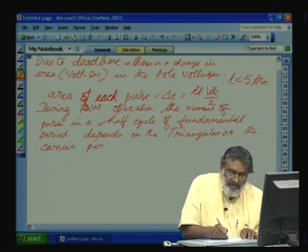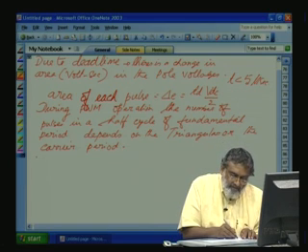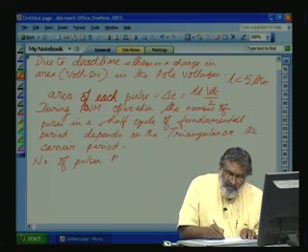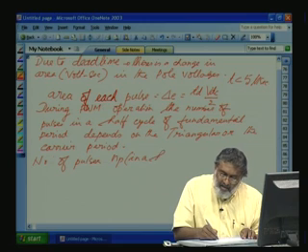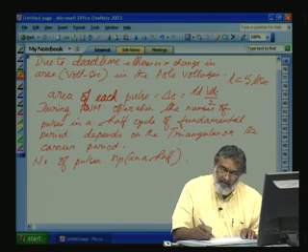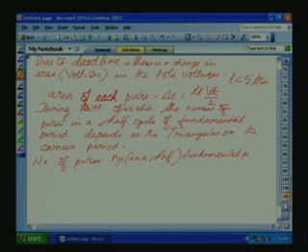That means the number of pulses, let us say NP, in a half fundamental period is equal to, half fundamental period is the modulating wave, so Tm by 2 divided by the carrier period. This is NP, number of pulses.